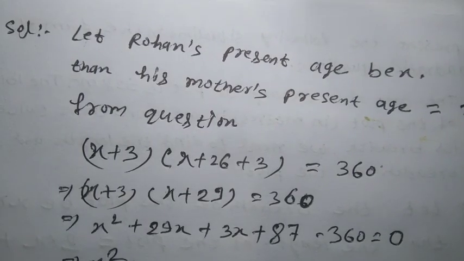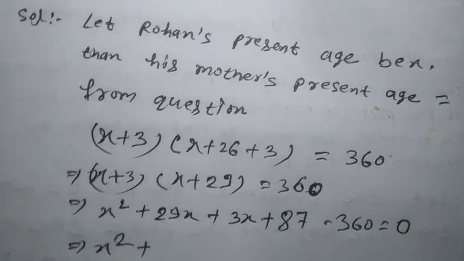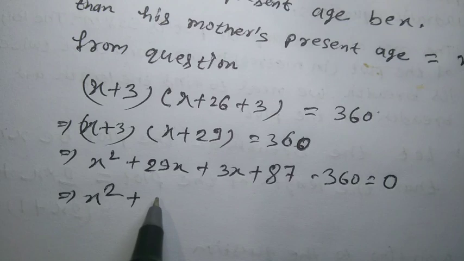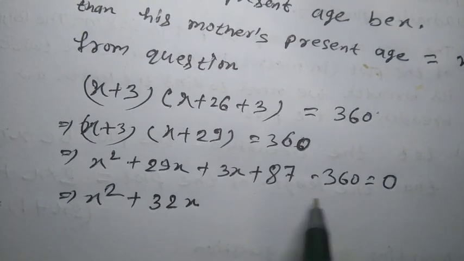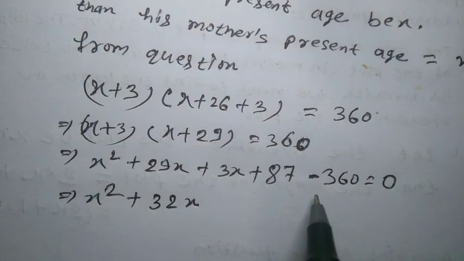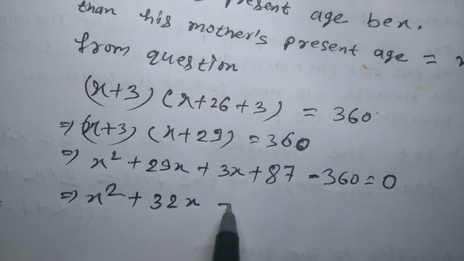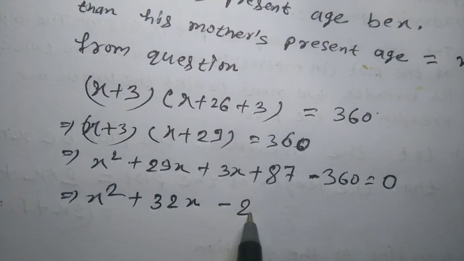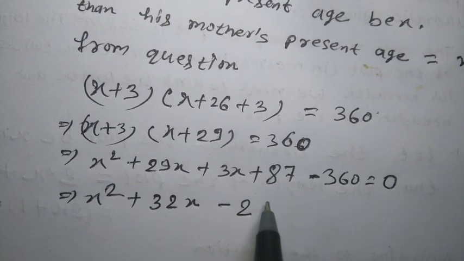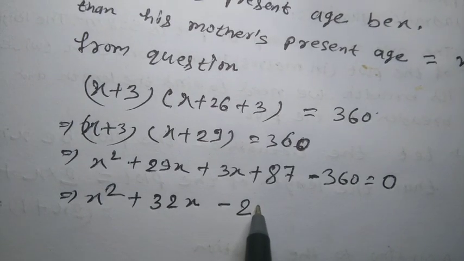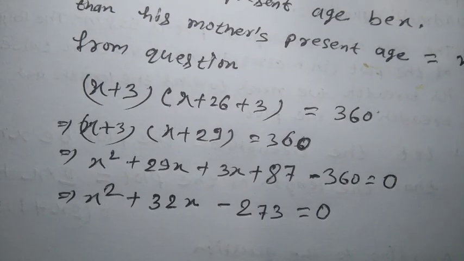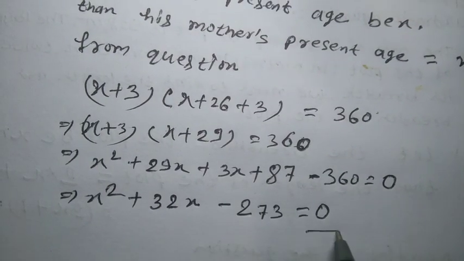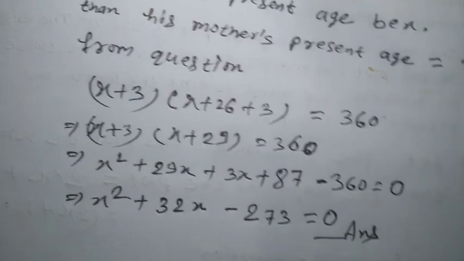Implies x square plus 29x plus 3x is 32x, 87 minus 360 is equal to minus 273 is equal to 0. That is our answer.